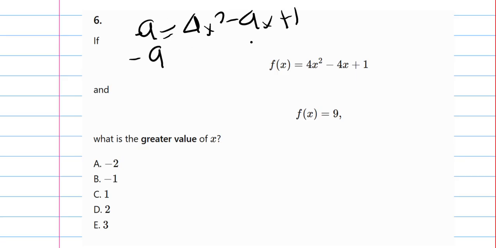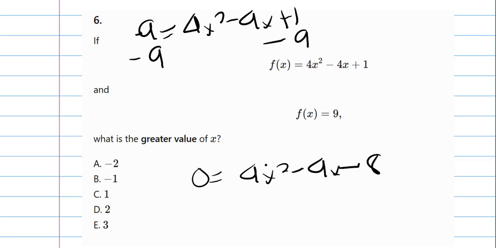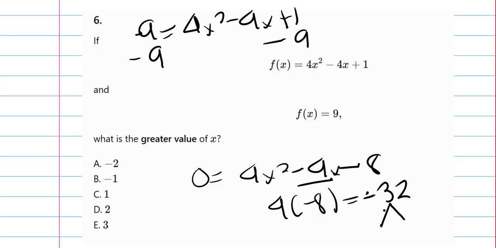So subtract both sides by 9, and that would be 4x squared minus 4x minus 8 is equal to 0. So you can use the AC method, where 4 times negative 8 is equal to negative 32. And you're going to think of two numbers that add up to negative 4 but multiply to negative 32.